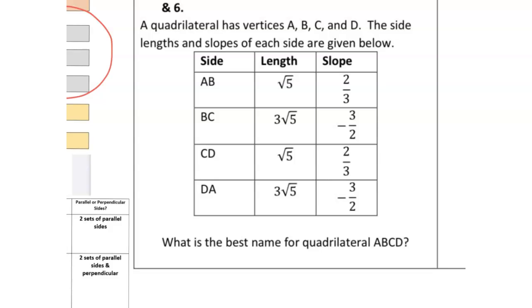But if you compare these 2 slopes, your 2 sides that are right next to each other, the AB as well as your BC, notice how these 2 numbers are opposite reciprocals of each other. Since they're opposite reciprocals of each other, they are perpendicular.